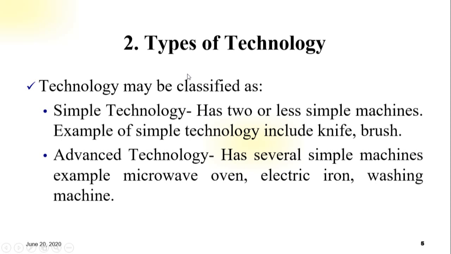Here technology may be classified. The word classify means to arrange in classes or categories. Remember, simple technology means things that use only two or fewer simple machines. But advanced technology means you have to use several simple machines to make it, like the examples you can see here.